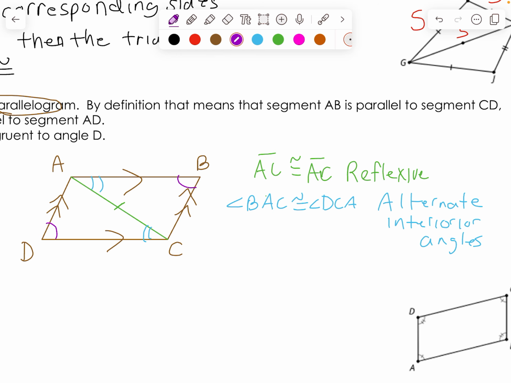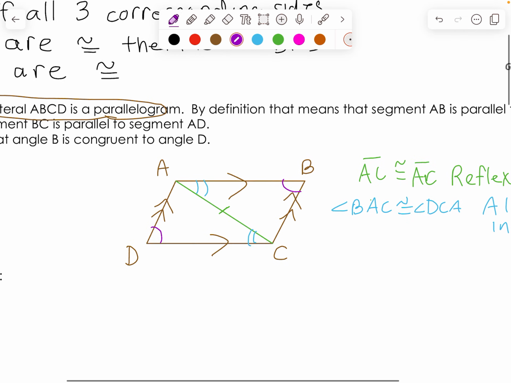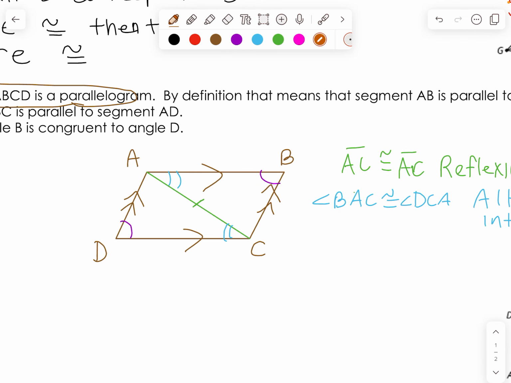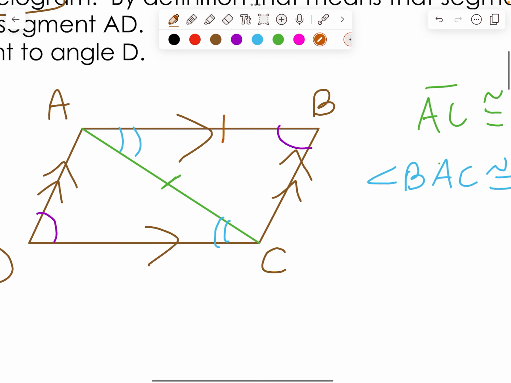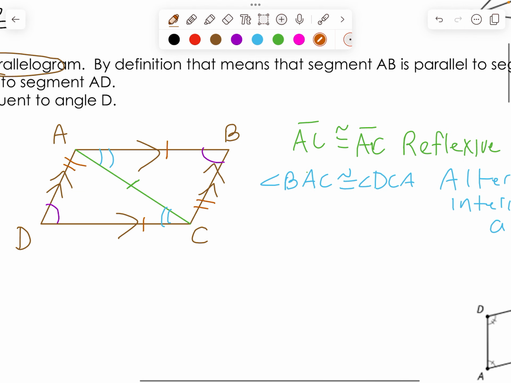Actually, let me rewind a little bit. Something I could also say now I think about it, there's multiple ways to solve problems. I think it wanted me to say in a parallelogram, opposite sides are congruent.